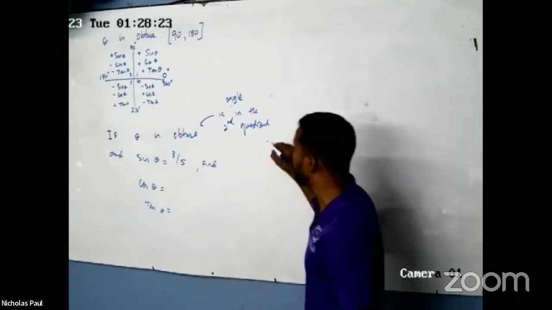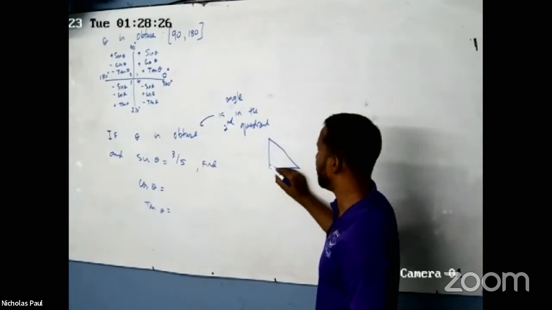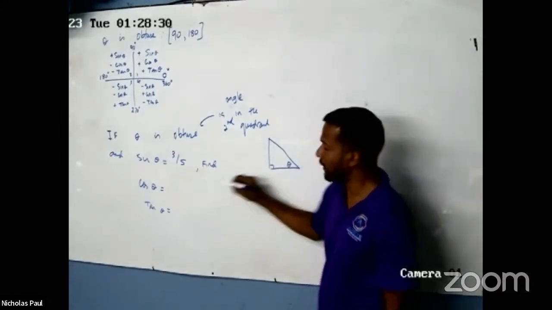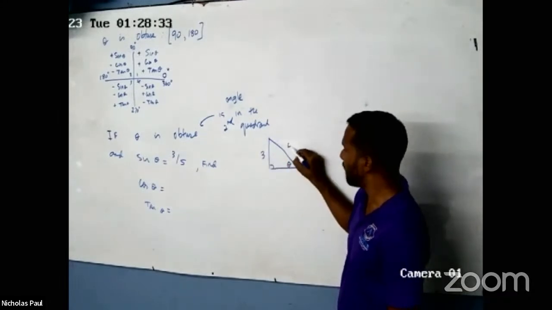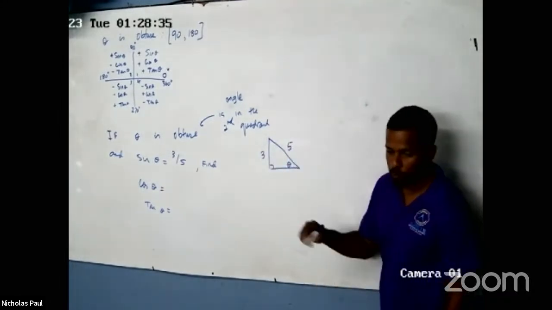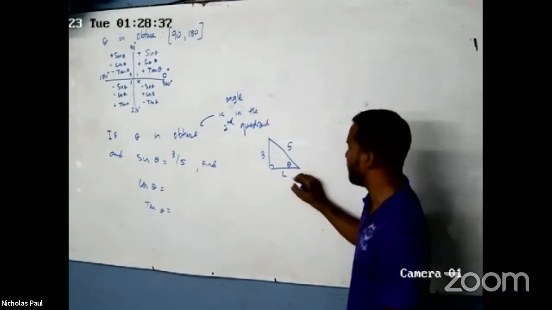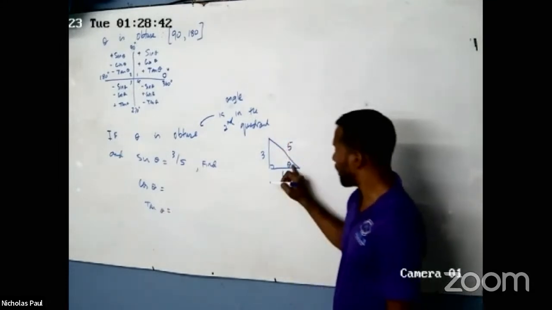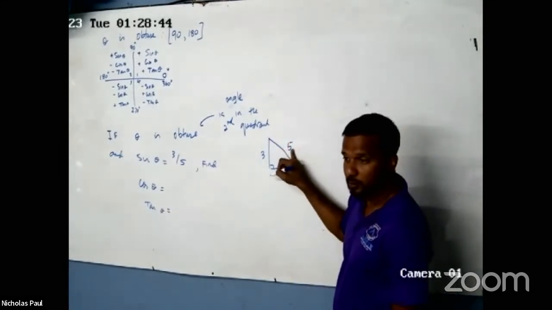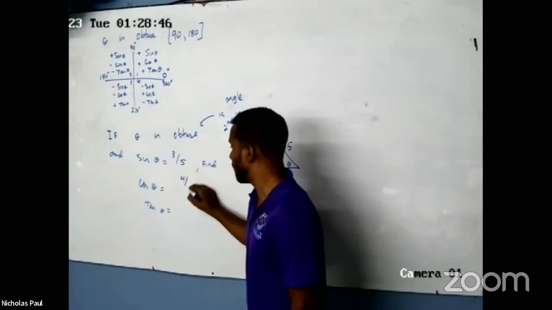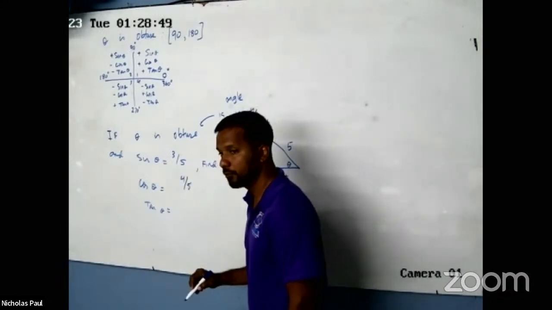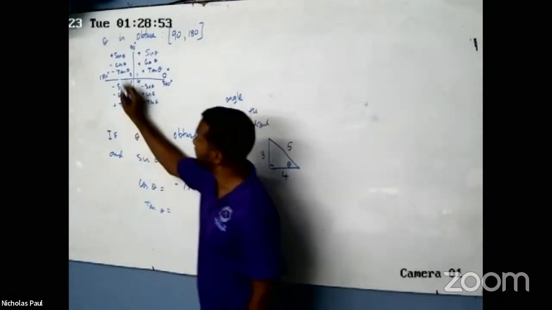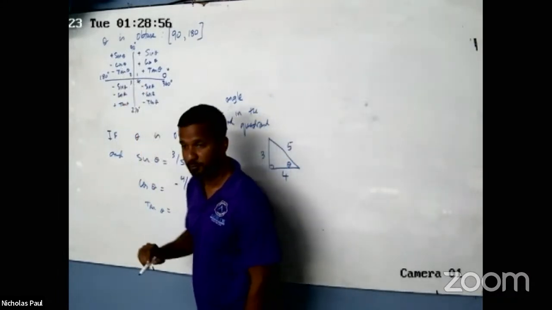So what we do, we're doing the same thing. We don't have to overcomplicate it. We know that sine theta is equal to opposite over hypotenuse. We use Pythagoras' theorem and find the adjacent. And we know that cos is adjacent over hypotenuse. But what do we do? Include a negative sign because cos is negative.